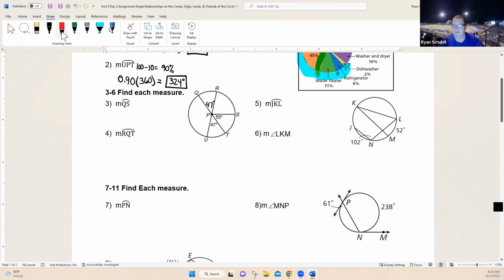So I'm going to add up 47 and 55. That gets me 102. Subtract that from 180. It's going to get us 78. This angle right here is 78 degrees.